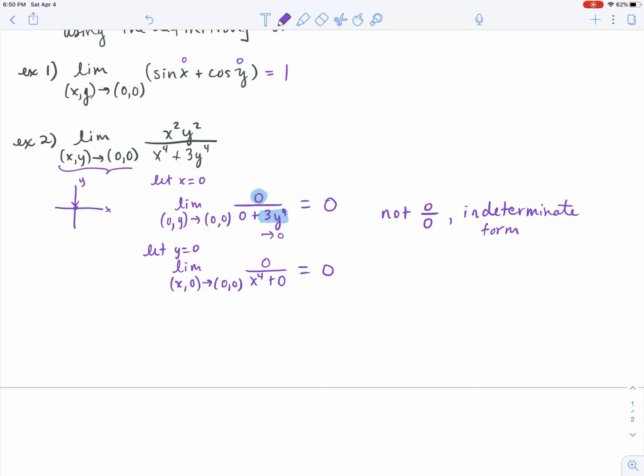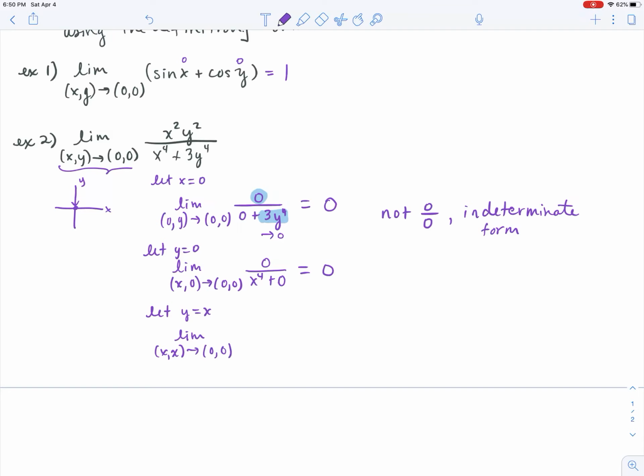But once you let x be 0 and y be 0, the next thing that is typical to try would be let y equals x. So then our limit becomes the limit as (x, x) approaches (0, 0).